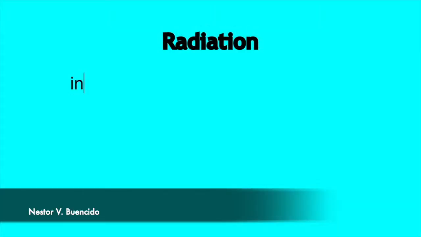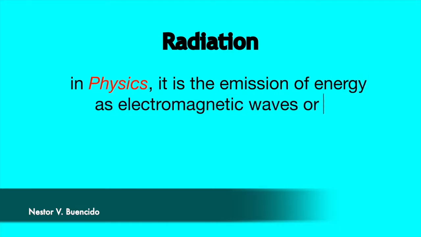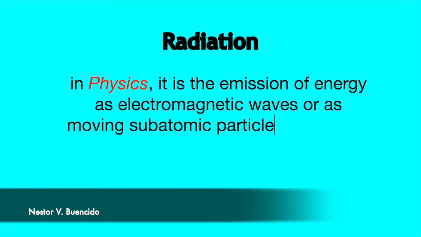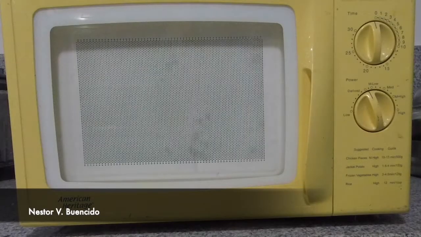Radiation. In physics, it is the emission of energy as electromagnetic waves or as moving subatomic particles, especially high-energy particles, which cause ionization. Take the case of a microwave oven.